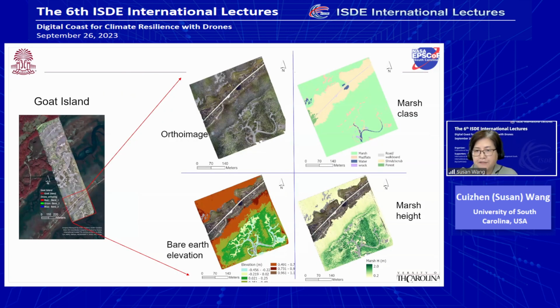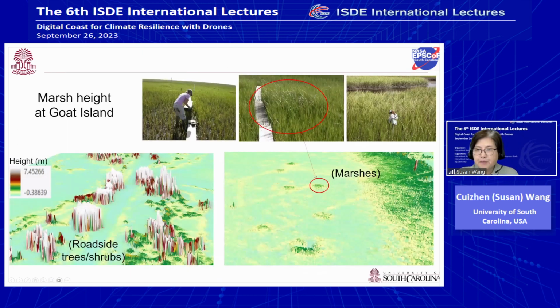From these 4 details there, again, it shows pretty much a nice distribution of bare earth and also the marsh height. And for the more fitting 3D view here, I just feel it's interesting to show it here.